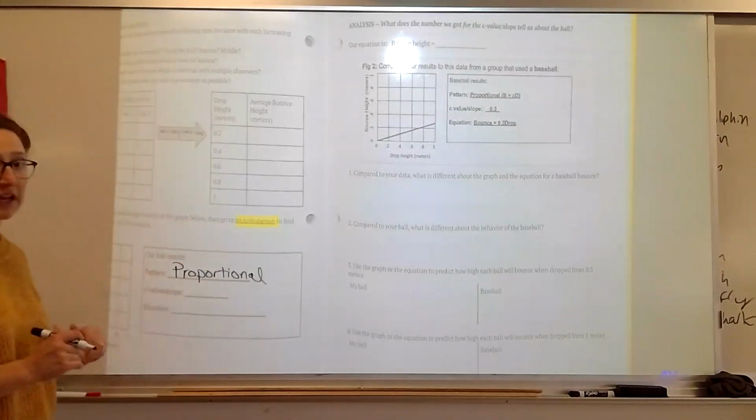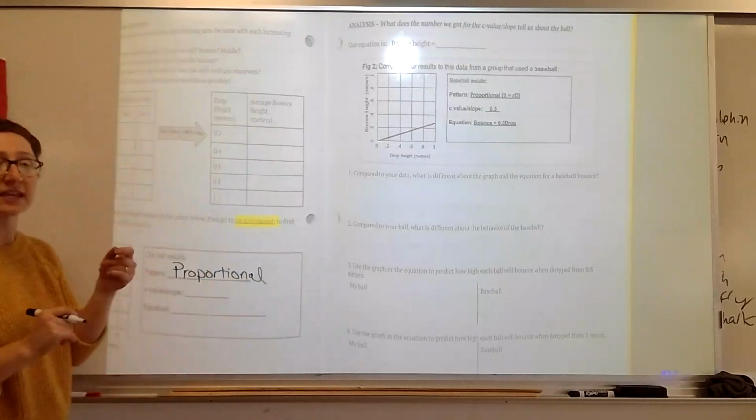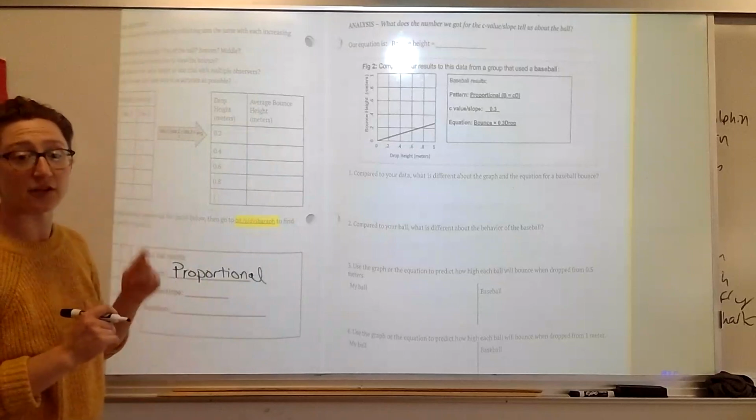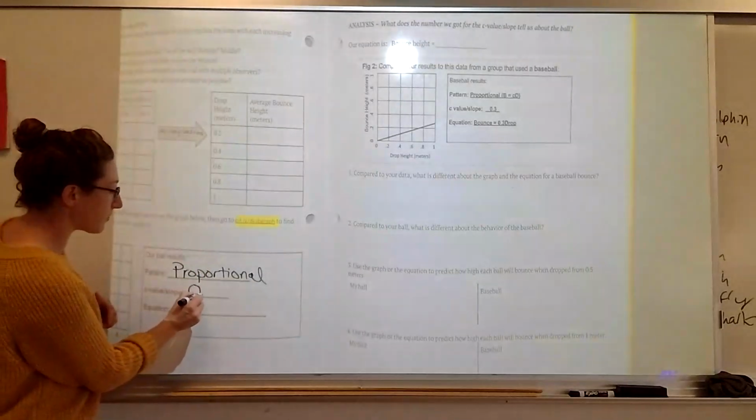The C-value that I found in my fake data, and I'm going to choose a C-value that I think is higher than any of the C-values that you found, is 0.8.